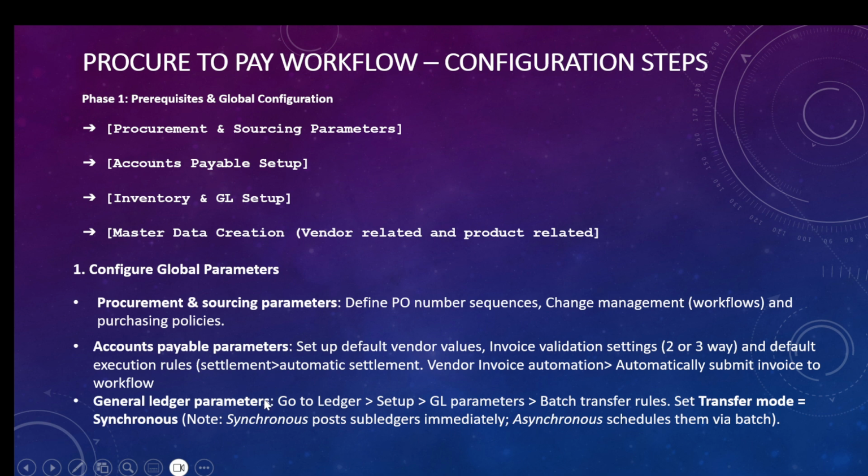This is needed in order to ensure that the postings are done in real time, or quickly whenever the engine is ready to accept the journals and push them to the general ledger module. So there's a short single step setup in GL. These are the two things which we are going to do now. Okay, please hold on.